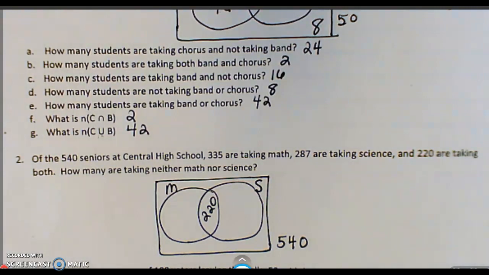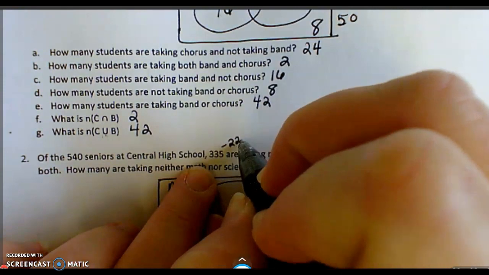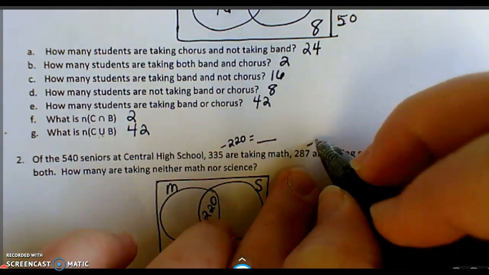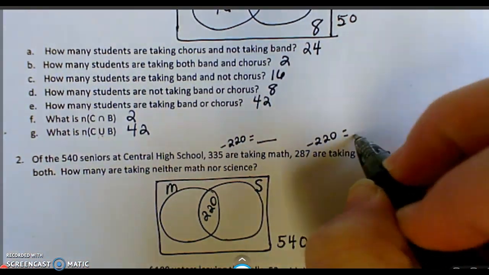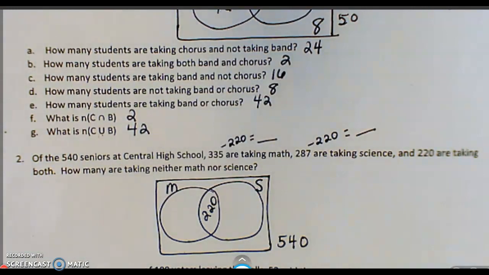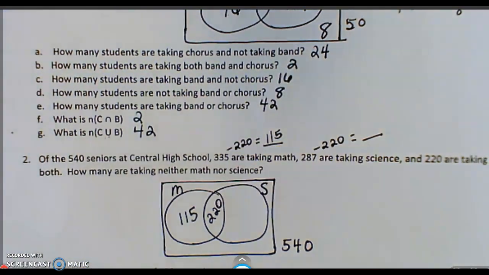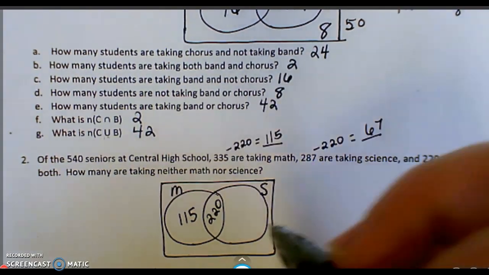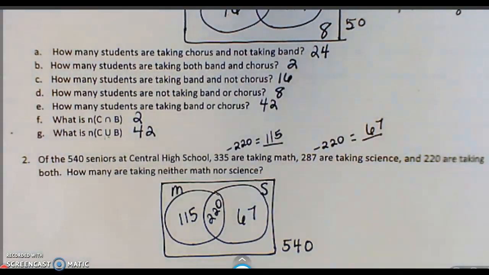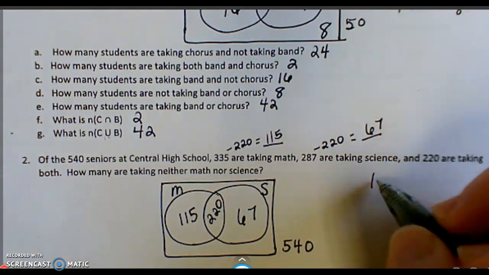And again, I'm going to subtract each of those numbers minus 220. Okay, so 335 minus 220 is 115. So 115 would be that part of the circle. 287 minus 220 is 67, and that would be that part of the circle. Then you add those 3 together.